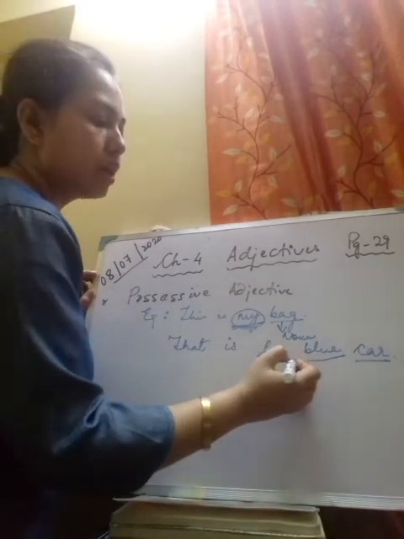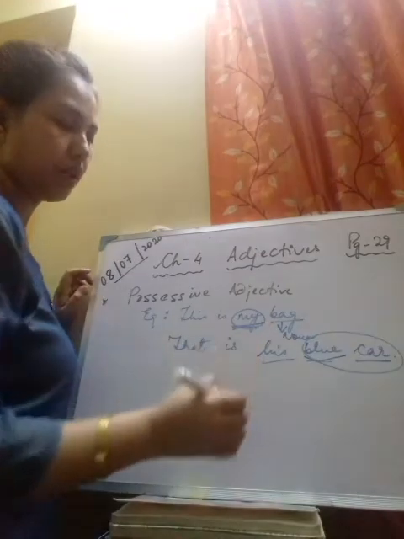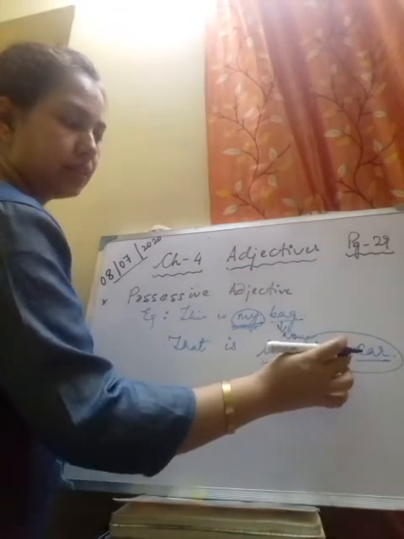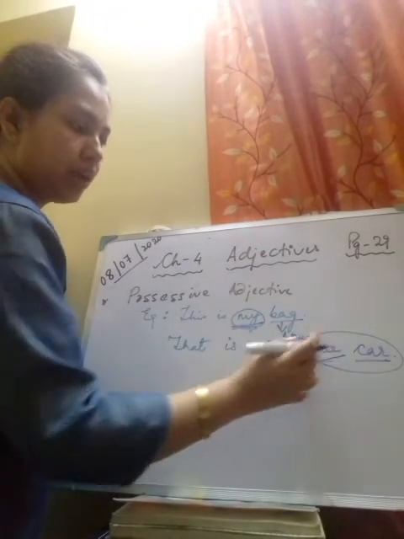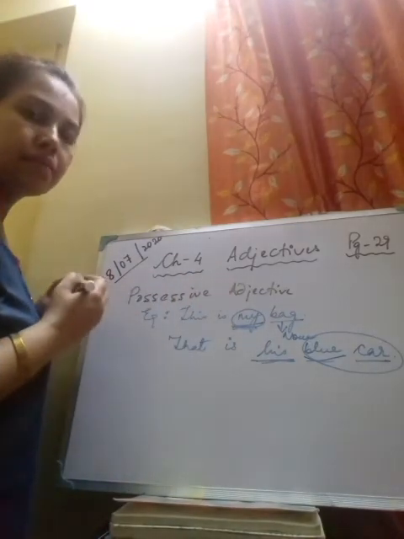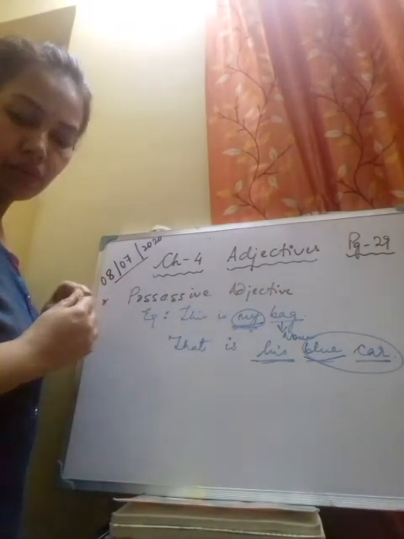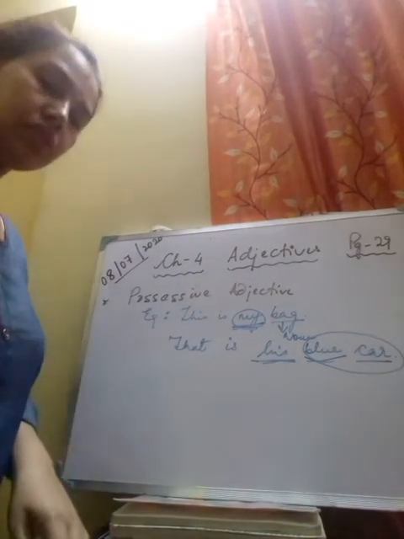So his blue car, here the blue car is taken together as the noun. What kind of car? Blue car. And his is the possessive adjective. Okay, I hope this is clear to you children.